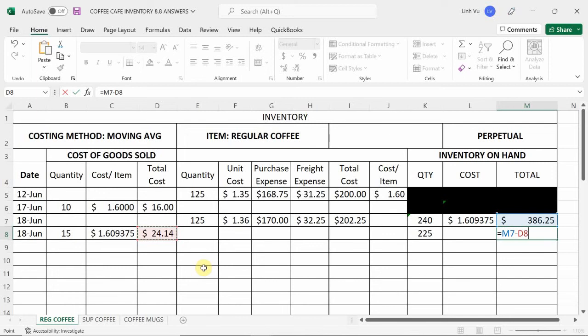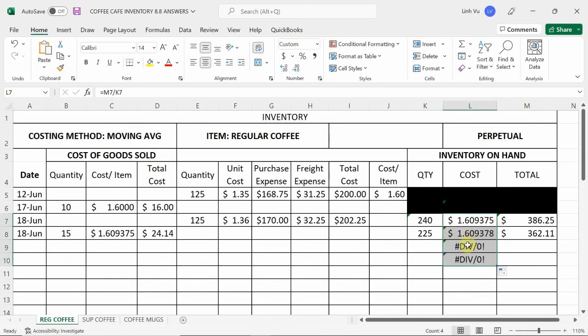How can I calculate my average cost if I don't know what my total cost is? So I need to adjust my total cost now. 362. Good.